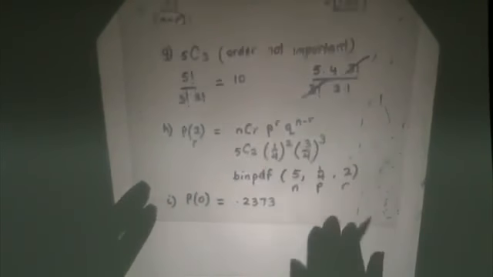Part I, what is the probability that none contracts the disease? I believe we already found that number. This is the probability that nobody contracts the disease. And that number was already found in the table, 0.2373.